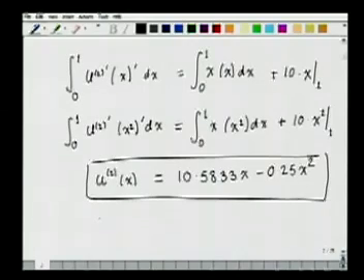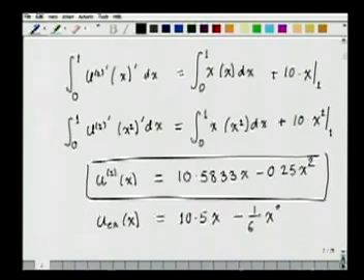This solution that we obtained for u2(x) is very close to the exact solution to the problem, which was equal to 10.5x minus 1/6 x cubed. So when we plot this, we'll find that this u2(x) is quite close, and for engineering accuracies that we desire, this is a good enough solution.